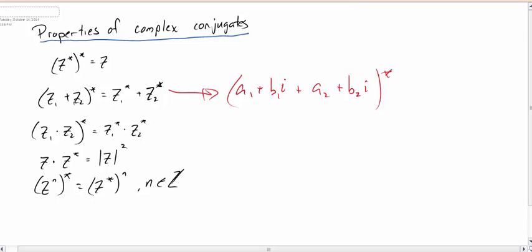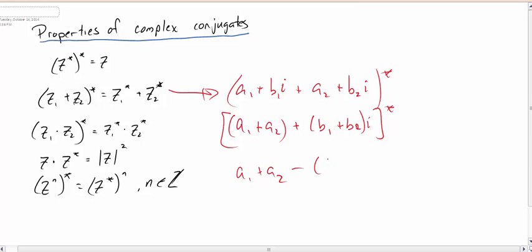Well, the real part is a1 plus a2, plus (b1 + b2)i. We're just combining like terms. And we're going to take the conjugate of this, which means change this sign now. So (a1 + a2) minus (b1 + b2)i.